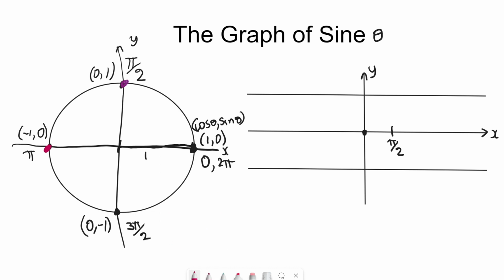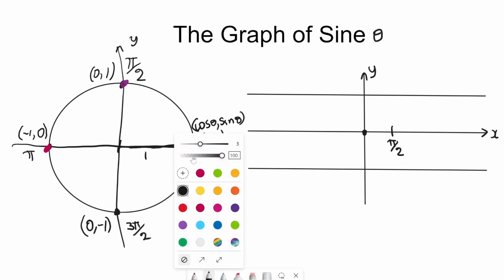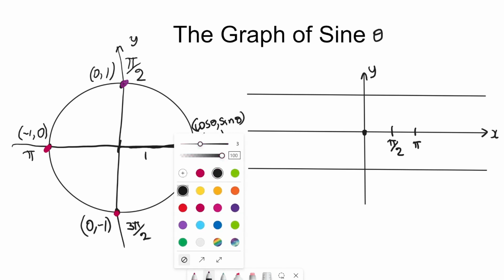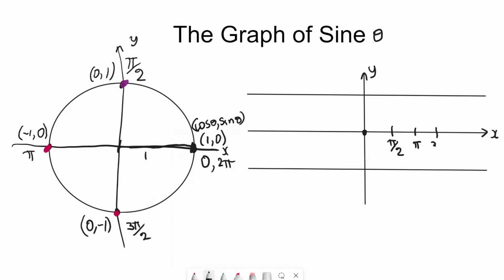So that's going to correspond with pi on my circle, or as I roll out the circle, it's going to be pi. Next, if you guessed it, it's going to be 3 pi over 2. And then we're going to have 2 pi to complete my rotation.